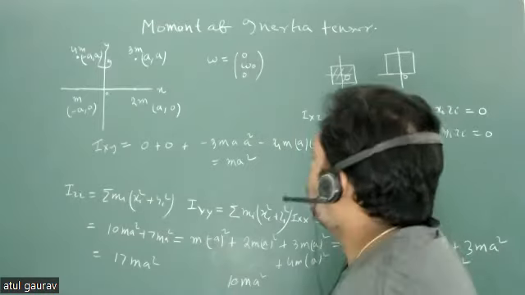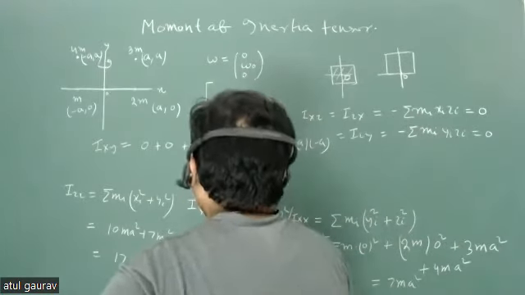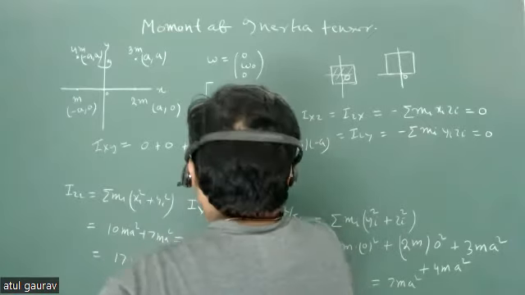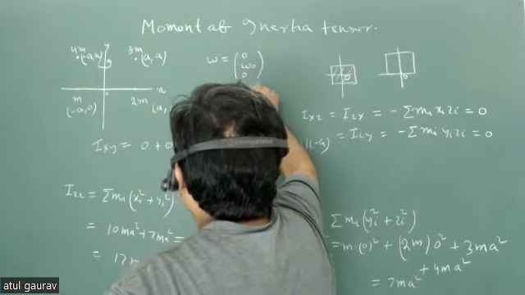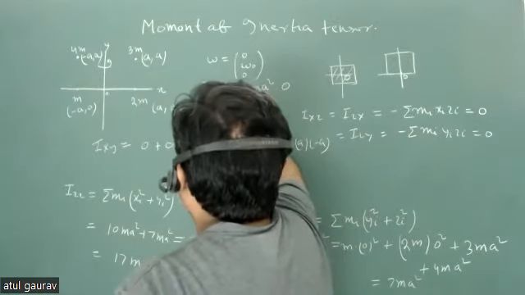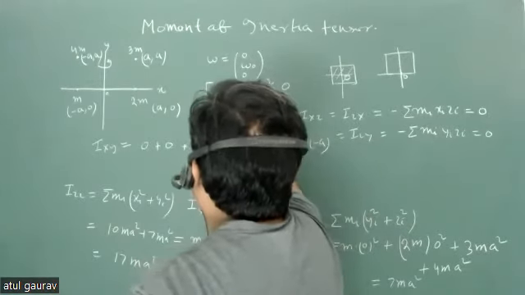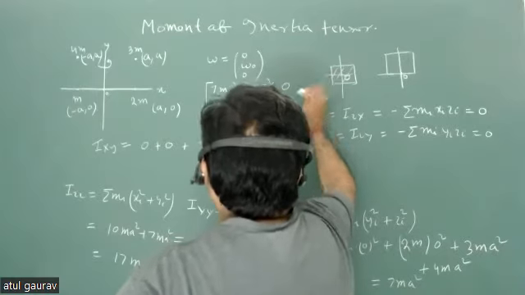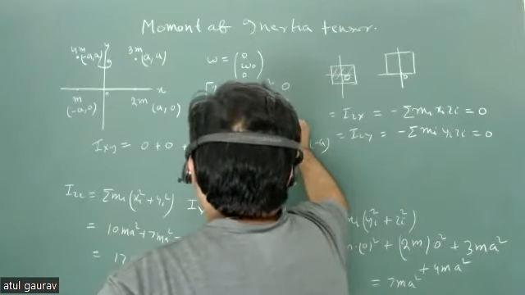Okay. So this is my moment of inertia tensor. What is my moment of inertia tensor? Ixx is 7ma square. This is ma square, that is 0. That is ma square, 10ma square, 0, 0, 0. And what will be this particular thing? 17ma square.